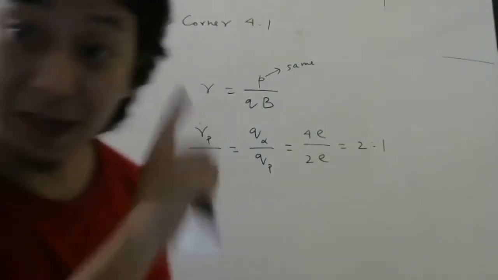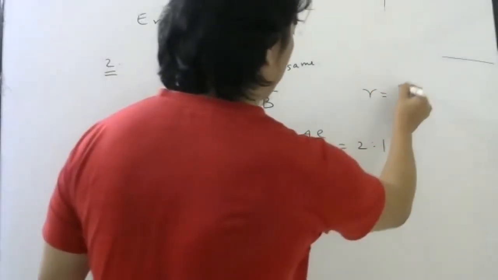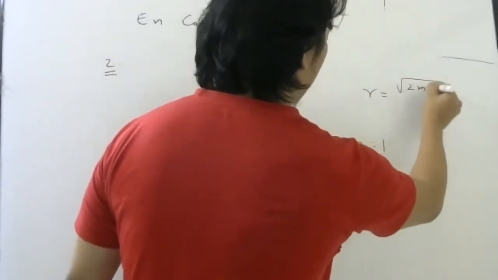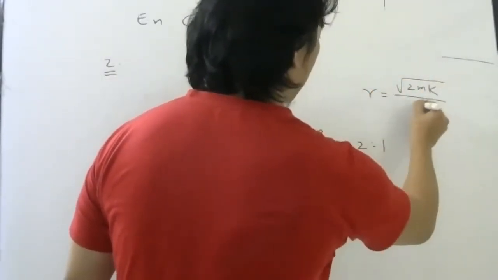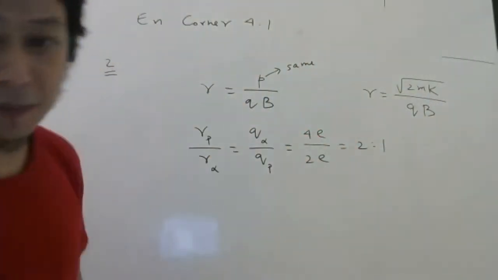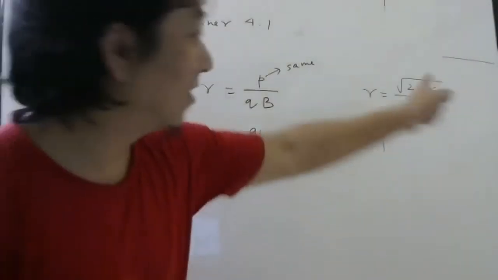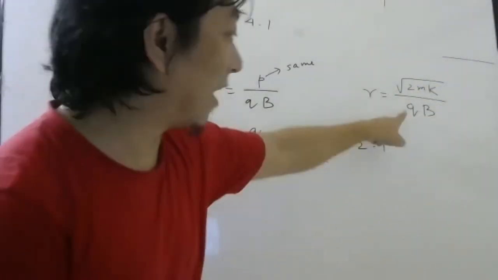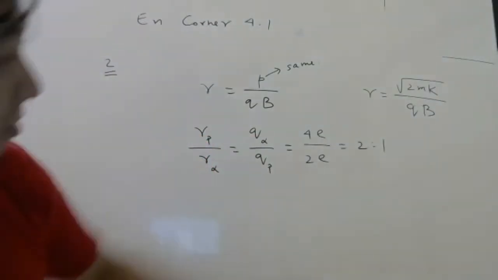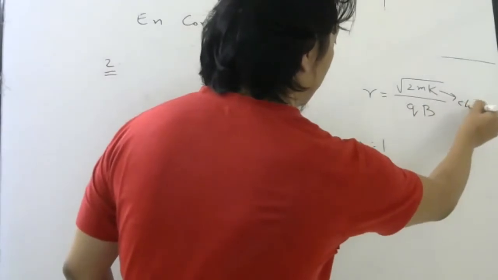Question number 3 I did that day when kinetic energy is same. For kinetic energy same, what formula you are using? Root of 2mK divided by qB. So if you remember, the answer was 1:1. Remember here 1:1. I did mistake also. I put under root for charge also, right? So this formula you use. Kinetic energy is same in this third question.